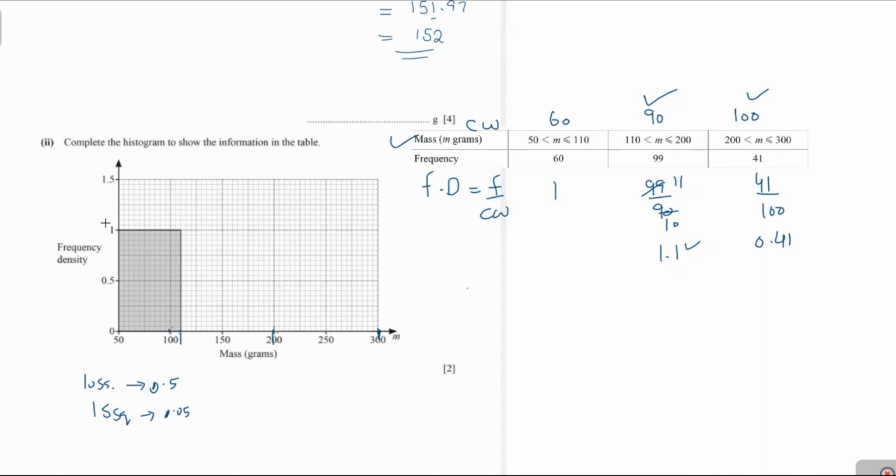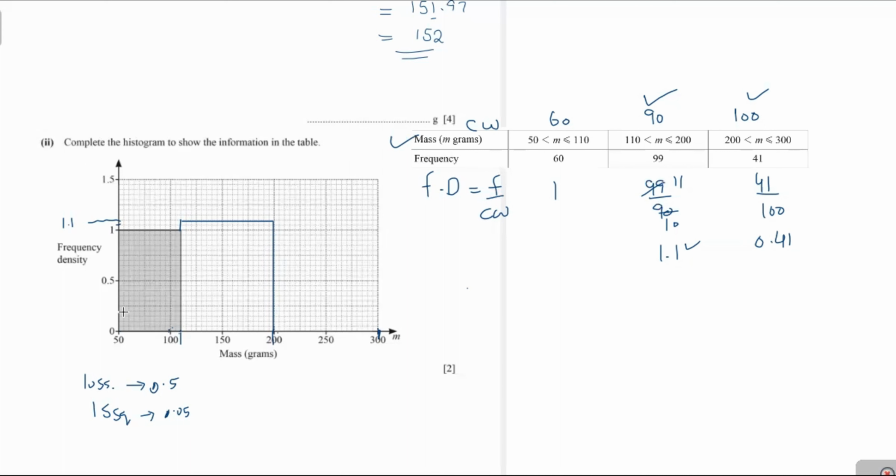Therefore, that's equal to 1.05, and this point is 1.1. And we draw the bar here, and you can see here 110 to 200. This is the bar of the second interval.